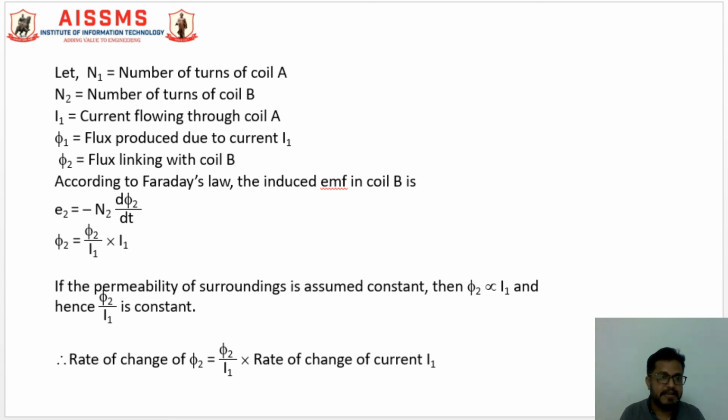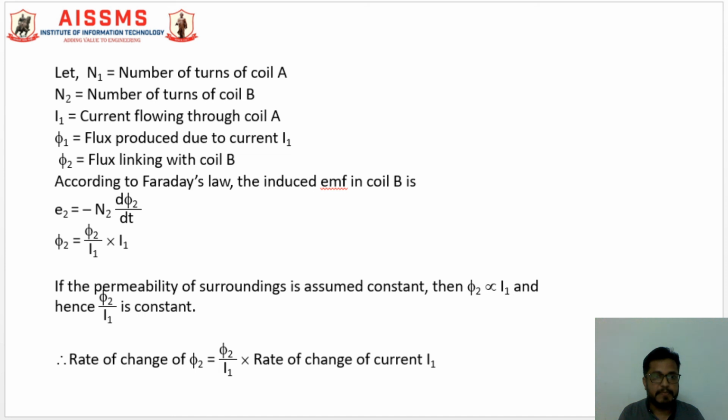Once again, this negative sign is there because this EMF opposes the change in current, and therefore we can say that phi2 equals phi2 by I1 into I1.